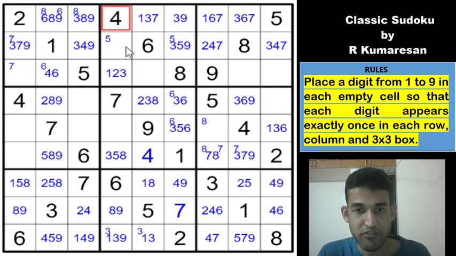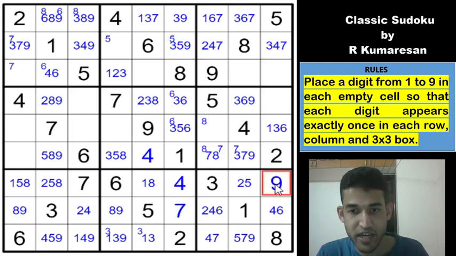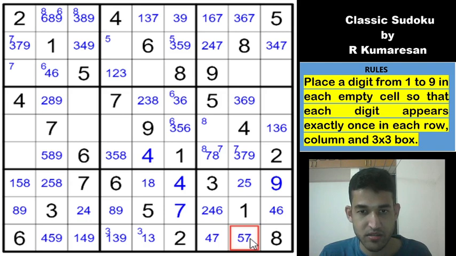And okay, 4 in these two cells, which means you get a 4 here, and that gives a 9 here, so no 9 here. So I got a 9 here, right?